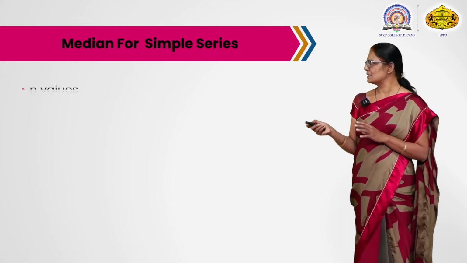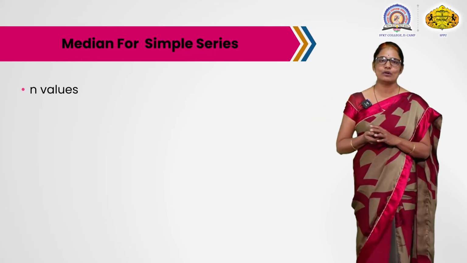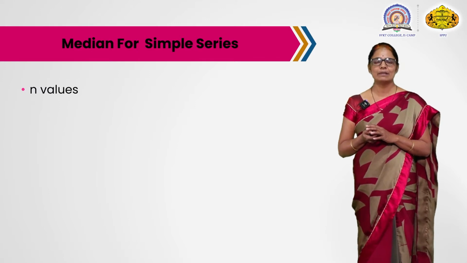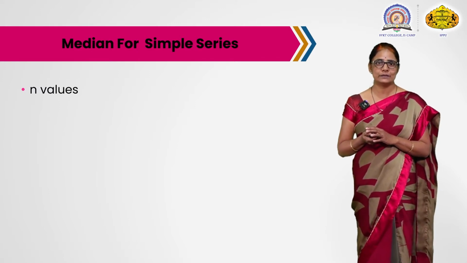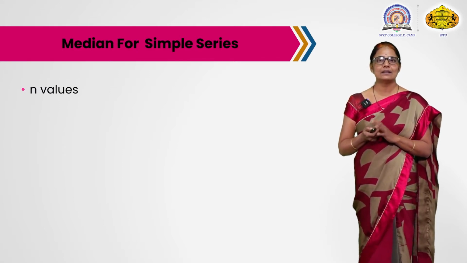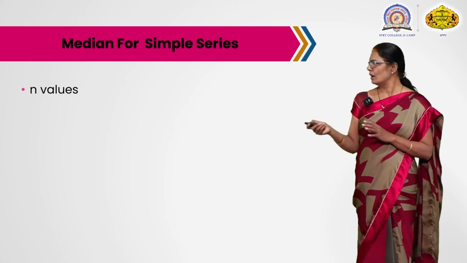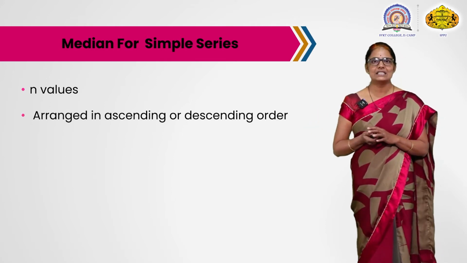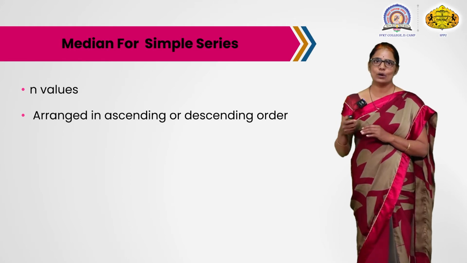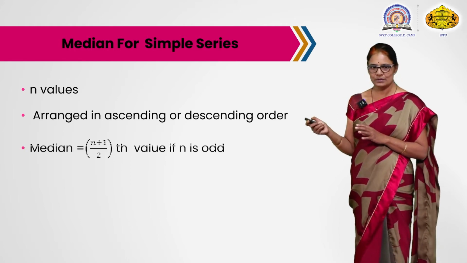So let us generalize the formula for the median for a simple series. That is, we are simply given the values of the variable. Suppose we are given n values of the variable, and we arrange these values in ascending or descending order of magnitude.